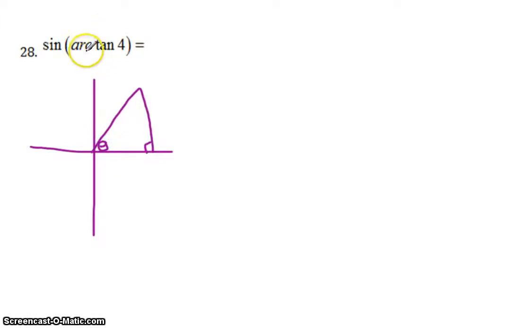Tangent, remember, arc means I'm looking for an angle, which means this information is not an angle. Sometimes when you see tangent, a lot of you go, oh, that's sine over cosine. Yes, that's correct, but you need to know the time and the place. If I'm drawing a triangle, I'm not going to do sine over cosine.